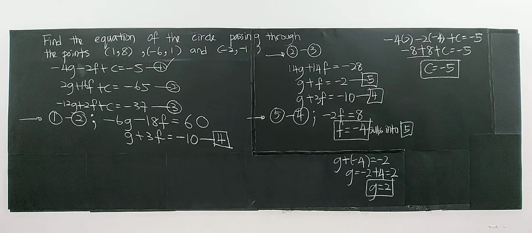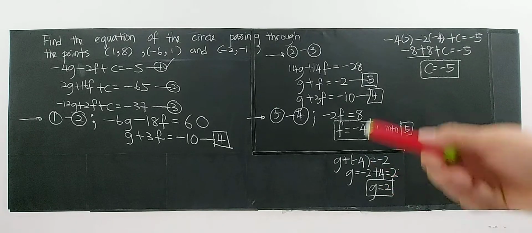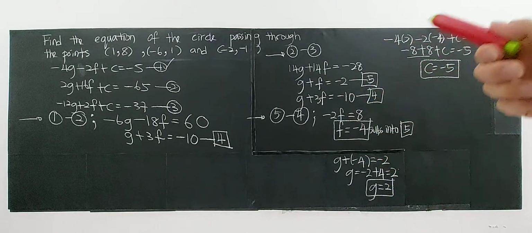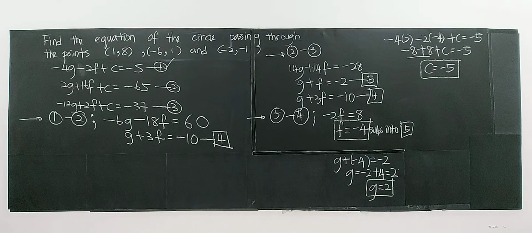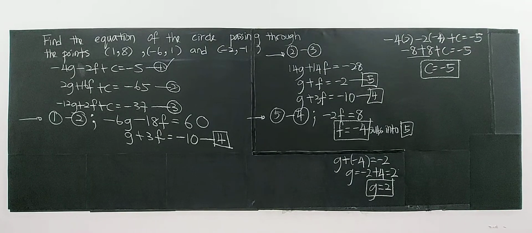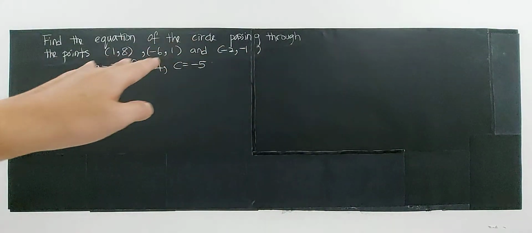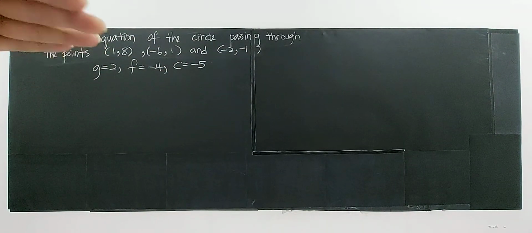From here I have gotten the value of G, the value of F, and the value of C. So from here I can summarize the equation of the circle. Alright, with the solving equation just now, we're using all 3 coordinates here, getting the 3 equations.